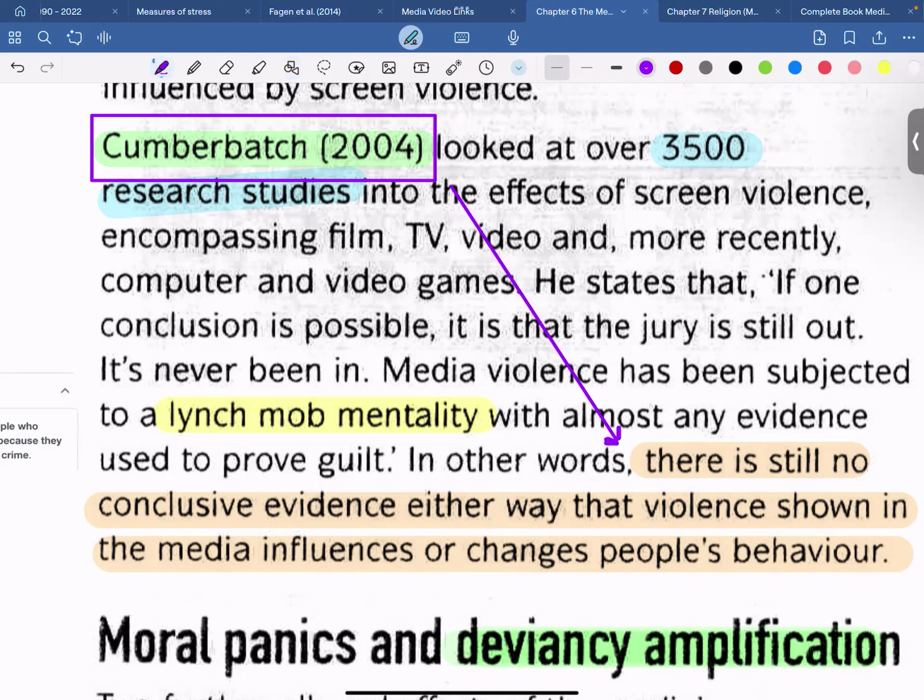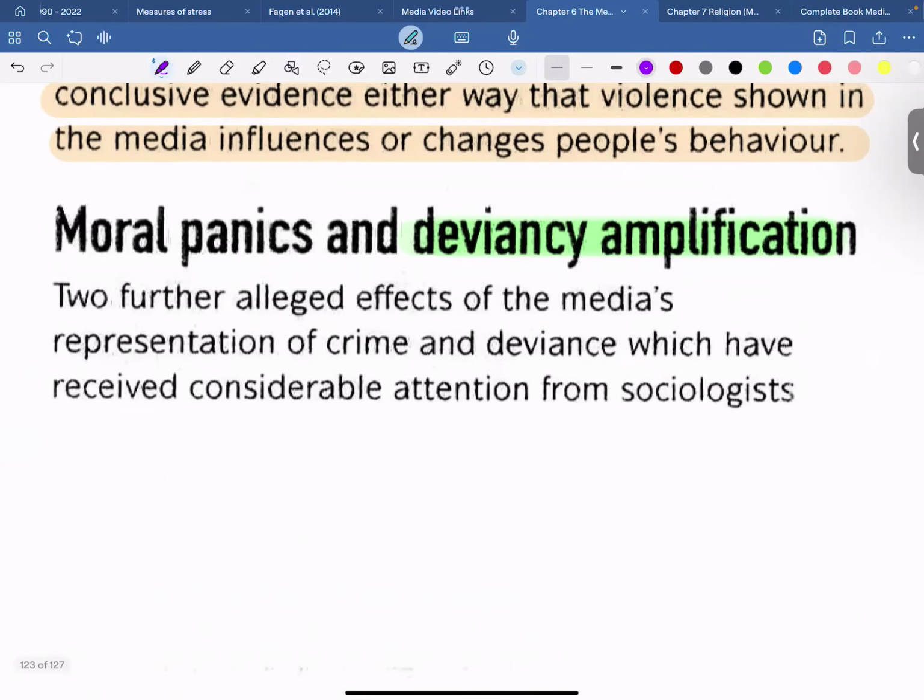Now, having said that, another aspect that we'd like to discuss under this particular topic is the relationship between moral panic and deviancy amplification. Before we proceed, we need to understand what these terms mean. Moral panic is a term used for a situation when the media overemphasizes or overrepresents a particular social issue so much that it leads to panic amongst people in a society.